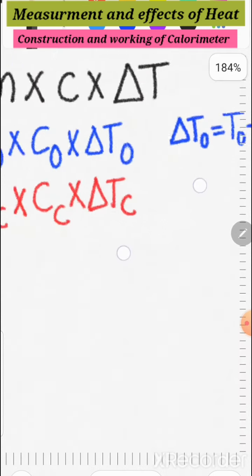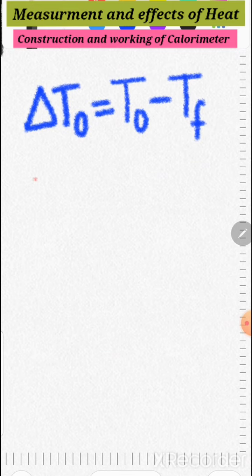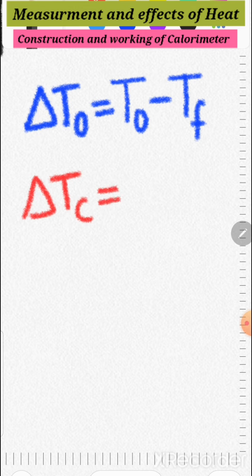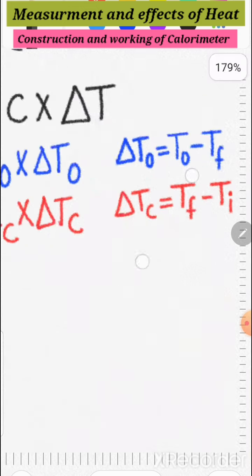Delta Tc means the difference in temperature of the calorimeter. In the calorimeter initially the temperature was less. Afterward the calorimeter will absorb heat. So here the difference will be final temperature minus initial temperature of the calorimeter, so Tf minus Ti.